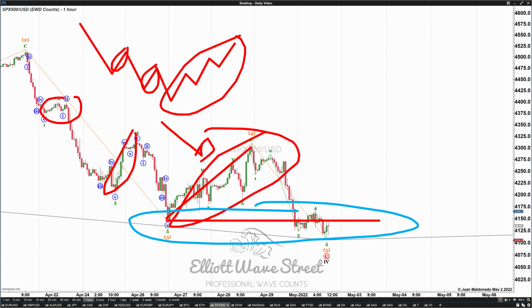So an aggressive entry could start happening here at the rejection, right? Let's say that we have a nice demand happening here. So that's going to be entry number 1. And entry number 2 is going to be after the first 5 wave sequence, and then after the 3 wave sequence down, we can go long here as well.